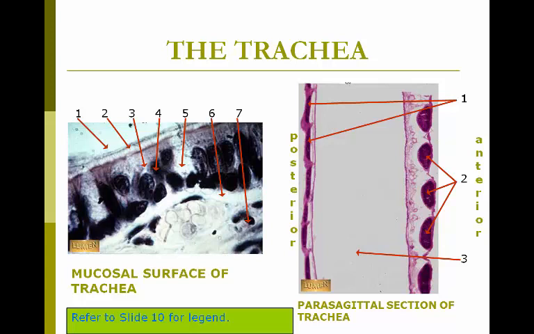If you look at number 1, it's pointing to 2 regions showing the cartilaginous rings on the posterior aspect of that trachea. Now, it's important for you to note that this is a parasagittal section, meaning it's to one side or the other of the midline.